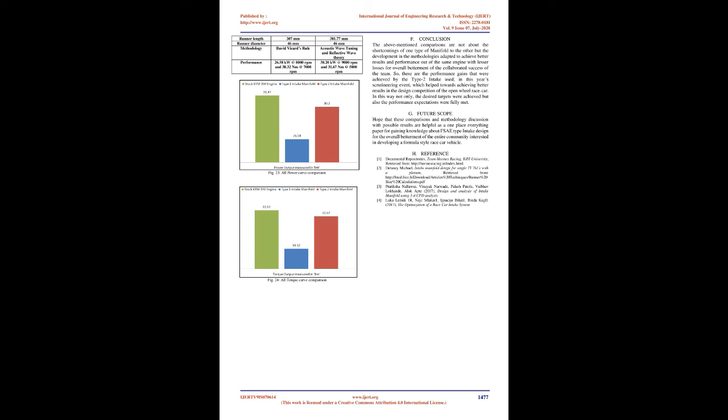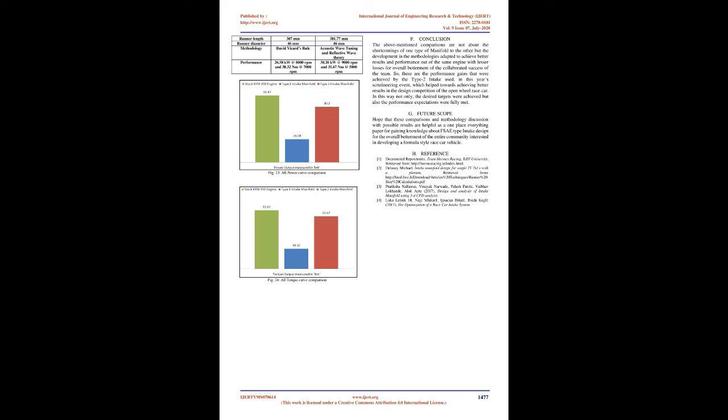Plenum: 3000 cubic centimeters volume; 3150 cubic centimeters volume. Runner length: 307 millimeters; 381.77 millimeters. Runner diameter: 46 millimeters; 46 millimeters. Methodology: David Vizard's rule; acoustic wave tuning and reflective wave theory.